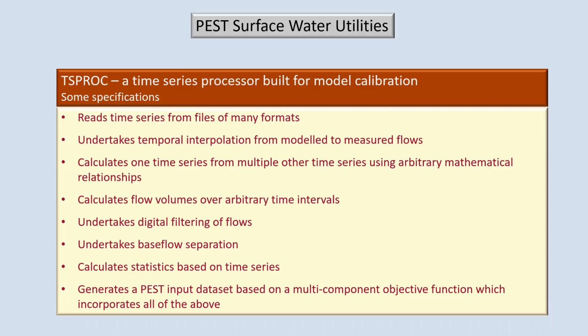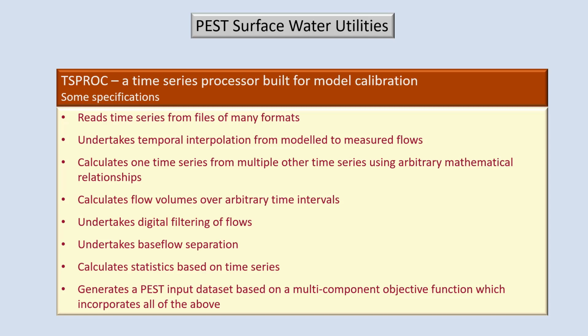The flagship of the PEST surface water utilities is a program called TS-PROC. This was written with calibration in mind. TS-PROC stands for Time Series Processor. It undertakes processing of a flow time series in a variety of different ways which implement the principles that I was just talking about, that is, extracting the different types of information that reside in a flow time series and formulating an appropriate multi-component objective function.